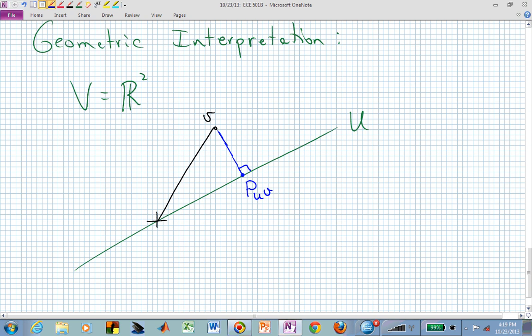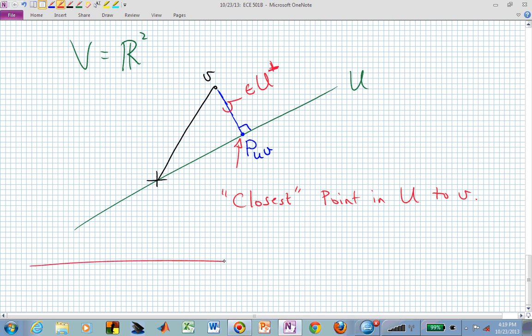This piece right here is in U perp. That's orthogonal to U. And this point right here is really the closest point in U to V. And that's really our minimization problem, isn't it?